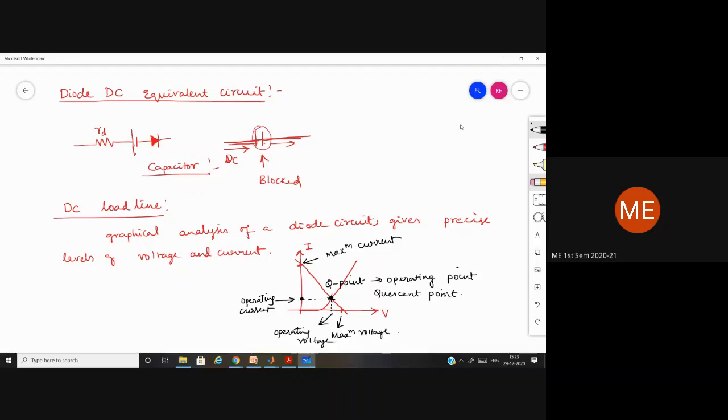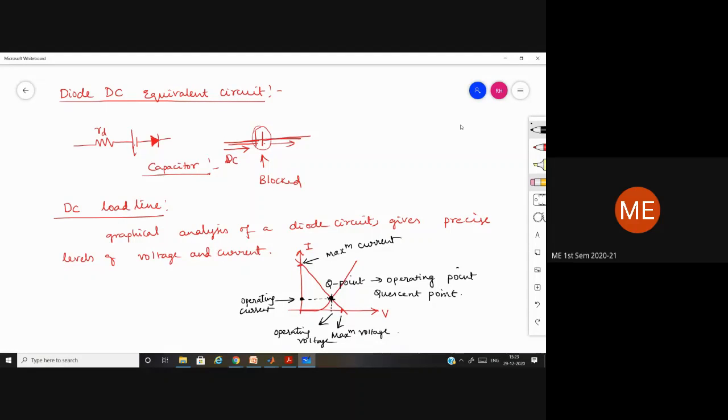Now, why do we need this, or what is the difference between these? Maximum current means that is the maximum current our DC load line can give, that is the maximum current that the diode can withstand or allow. Maximum voltage is the maximum voltage that the diode can withstand. Then what is this operating current and operating voltage? It is the actual working voltage and current right now.